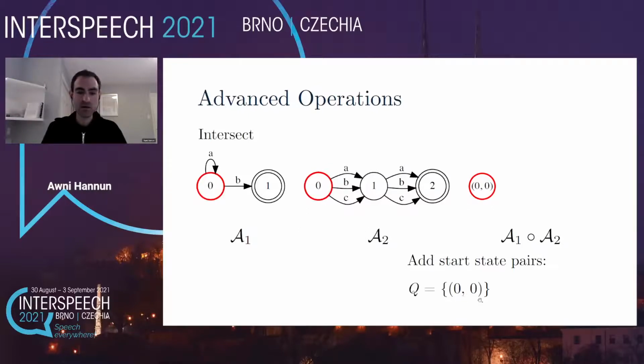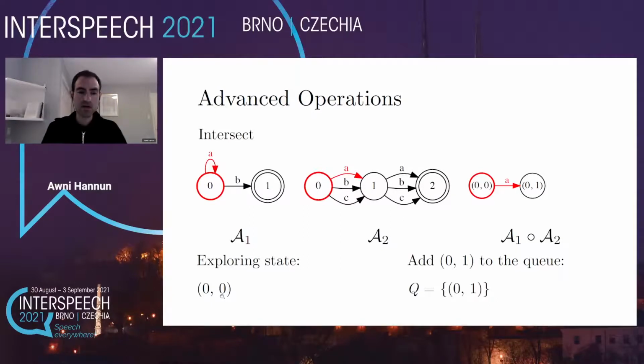We add it to our queue and we construct the corresponding node in the intersected graph. So now we have one state in our queue and one node in our intersected graph. So we pop the first state in our queue. So now we're exploring that state, 0, 0.